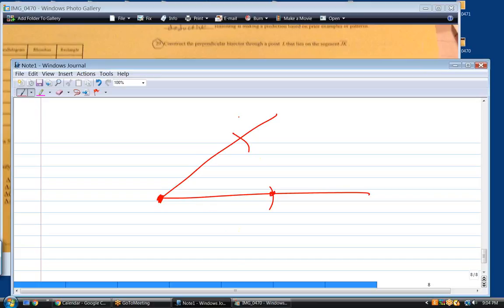Now go put your needle on that point and make an arc there. Put the needle on that point, make an arc there, and where those cross, connect that to the vertex, and you've bisected that angle.